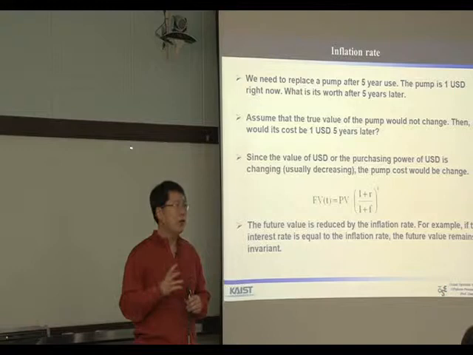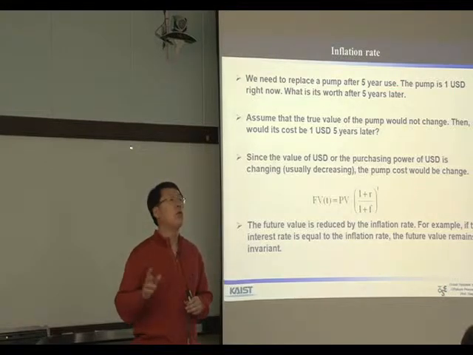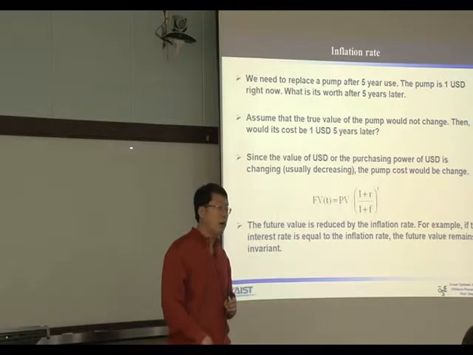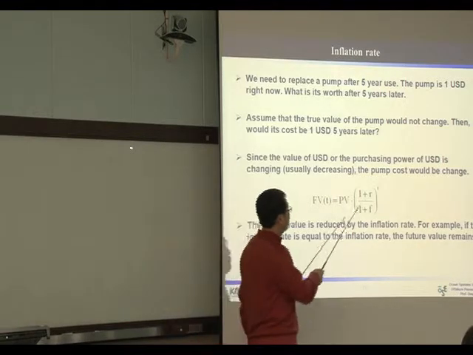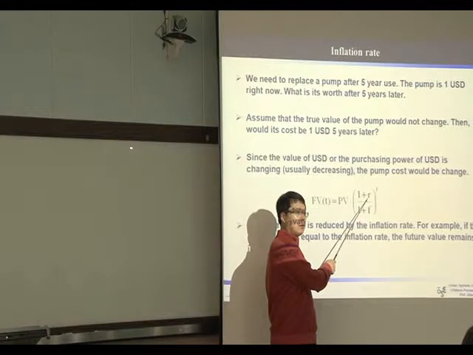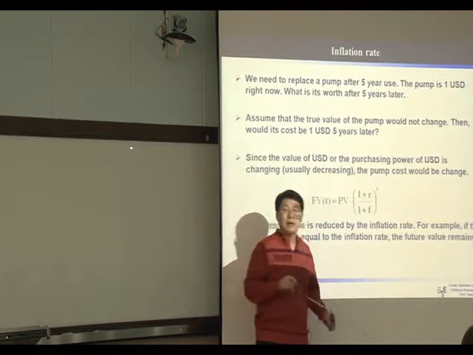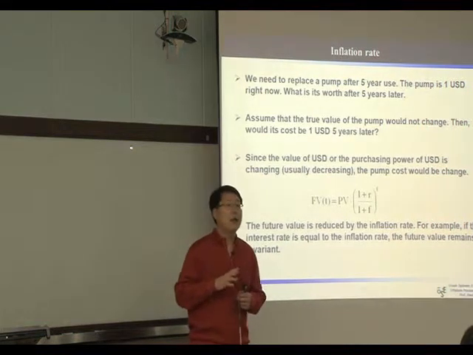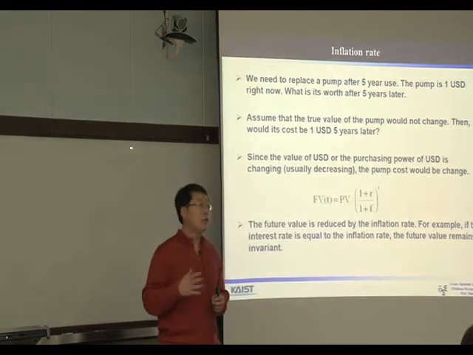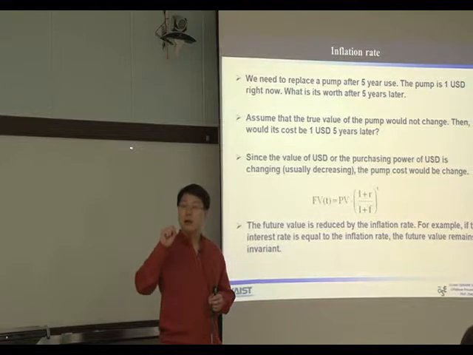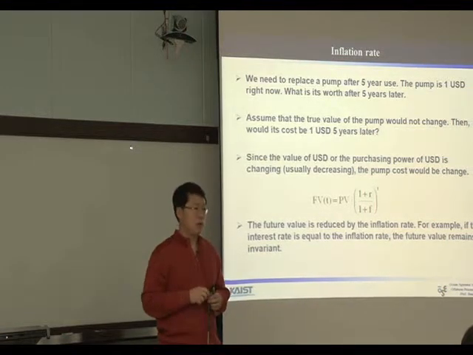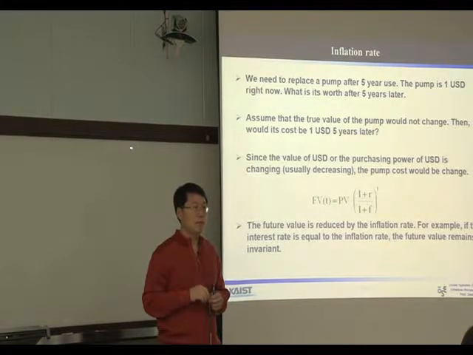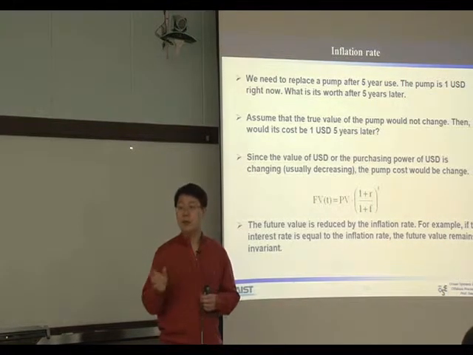Can you understand the mechanism? So if you deposit $1 in the bank, if the interest rate and the inflation rate are equal to each other, we cannot get any benefit by depositing our $1 in the bank account. Okay, the absolute value is nearly the same.